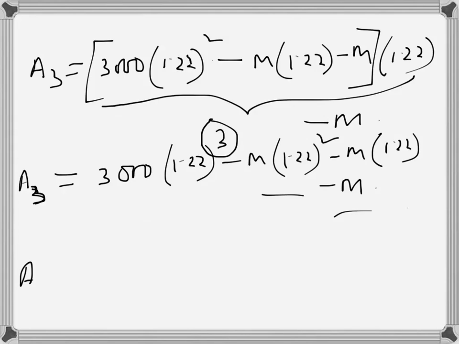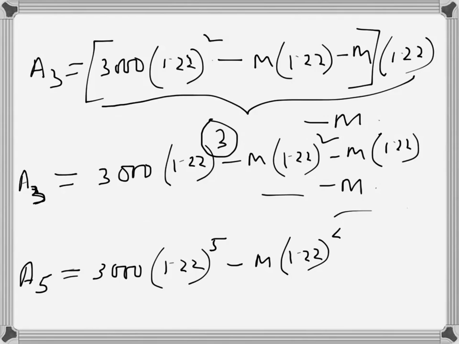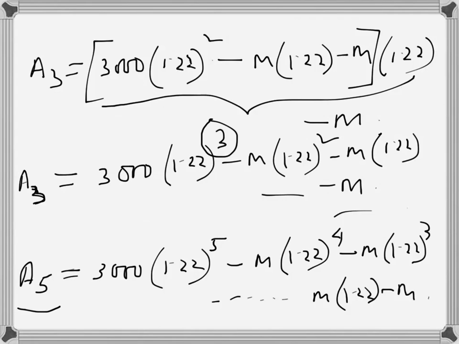A5 will be 3000 times 1.22 to the power of 5, minus M times 1.22 to the power of 4, minus M times 1.22 to the power of 3, and then like that finally it will be 1.22 minus M. So this is the amount owed after the 5th year repayment is made.